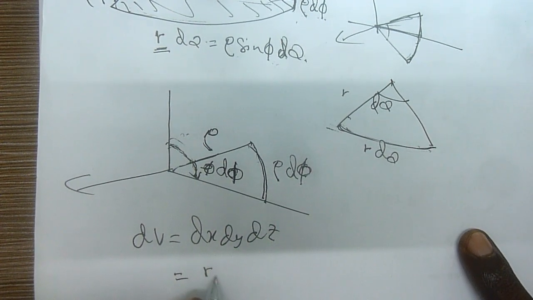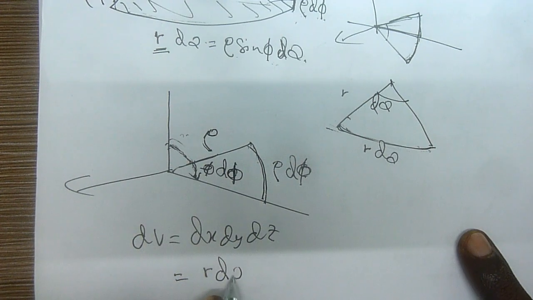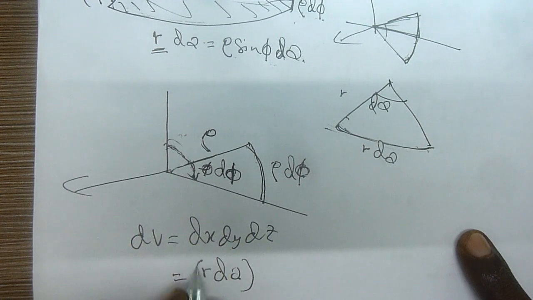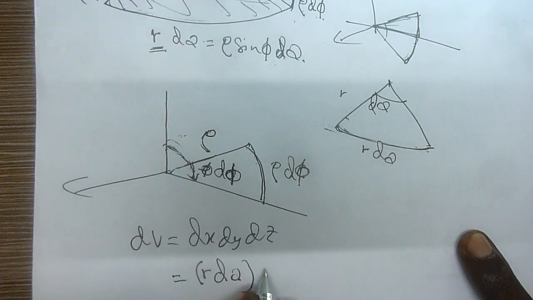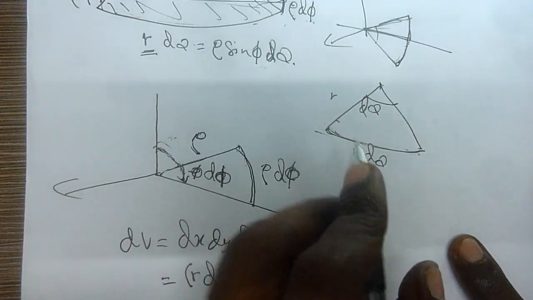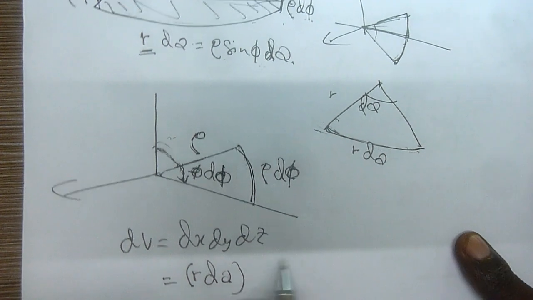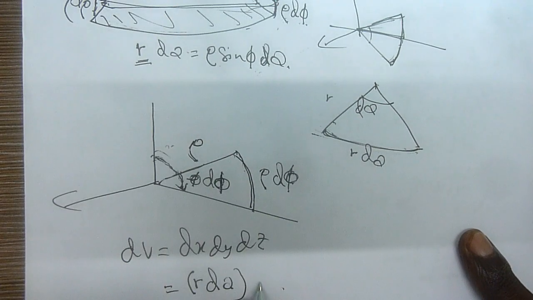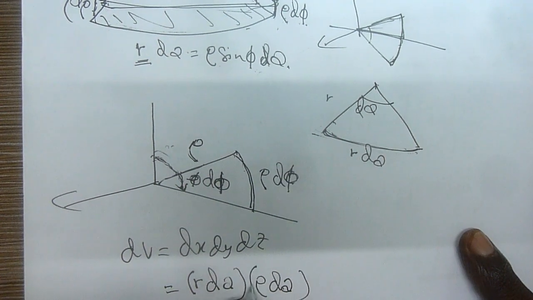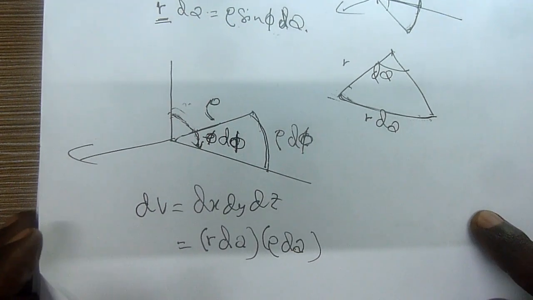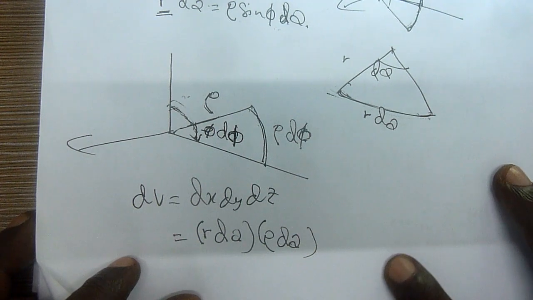I already defined to you, r d theta refers to this one. And up here, rho d phi. Can you see that?